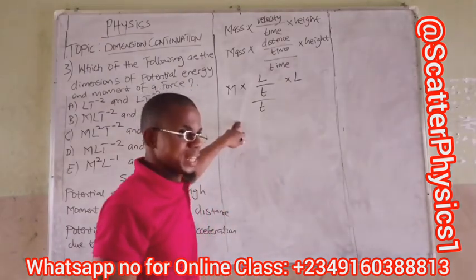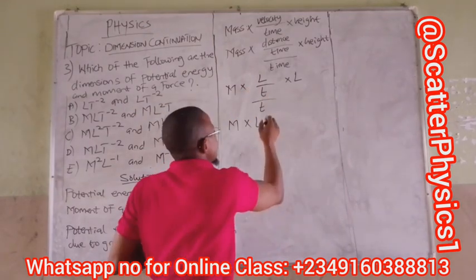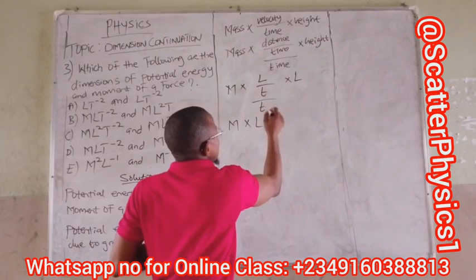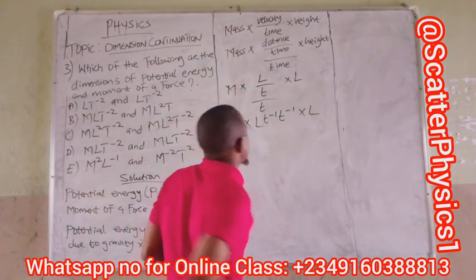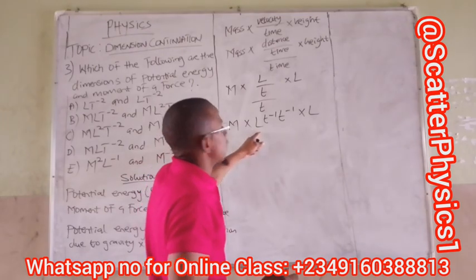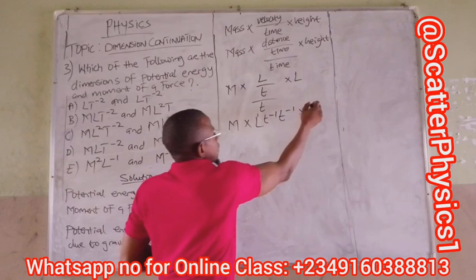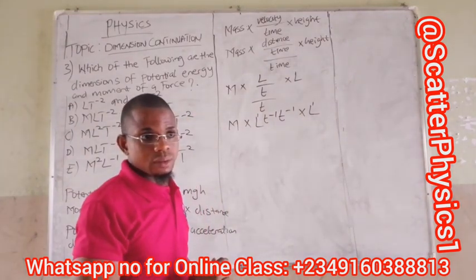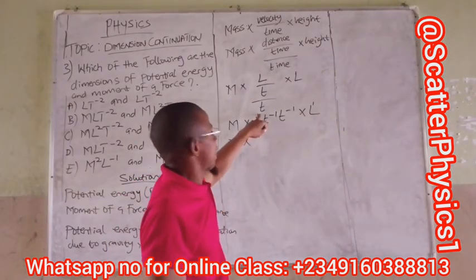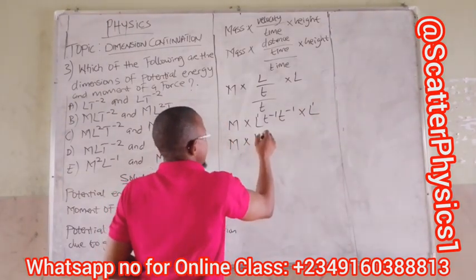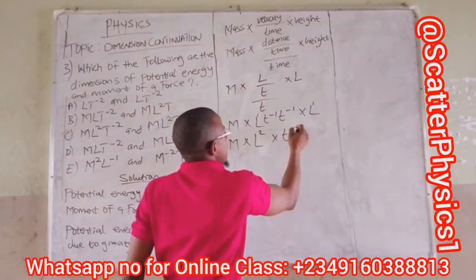So now we say M times L, and this division sign we call T to the power minus 1, times L. Then when you collect like terms, because we have an invisible 1 on this L, we say M times this 1 plus this 1, we have L to the power 2, times minus 1 minus 1, we have T to the power minus 2.